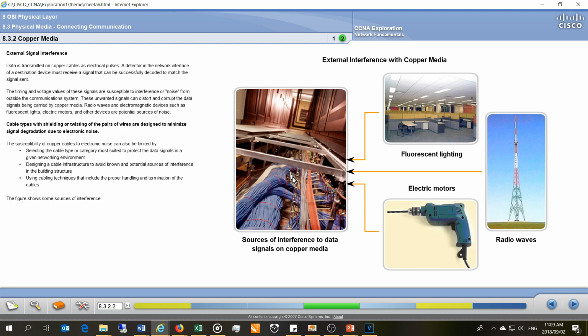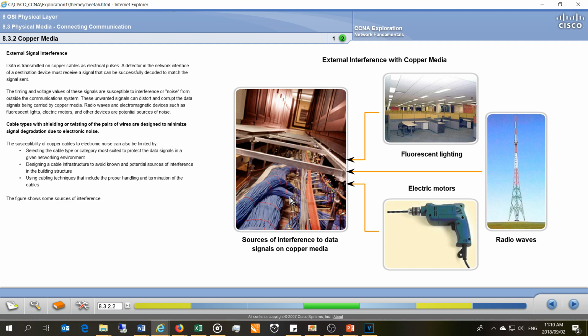So what happens is we need to think about where we do our cable runs, and some of the rules that you could think about are: don't run the cables in parallel lines with power cables. For example, you would not put all this Ethernet cabling near power cables that are running in the same conduits or the same trunking paths.